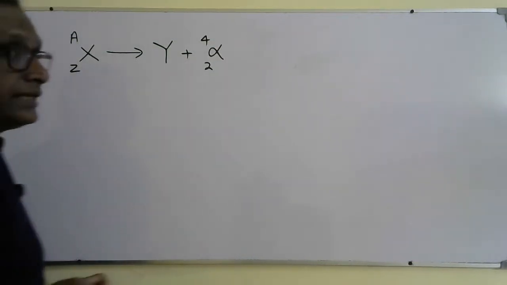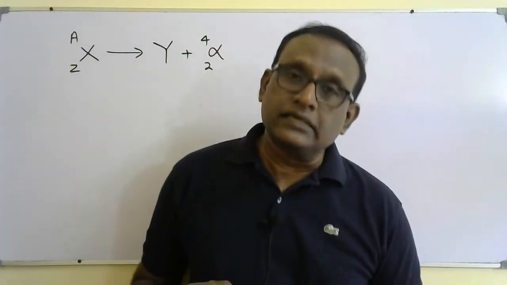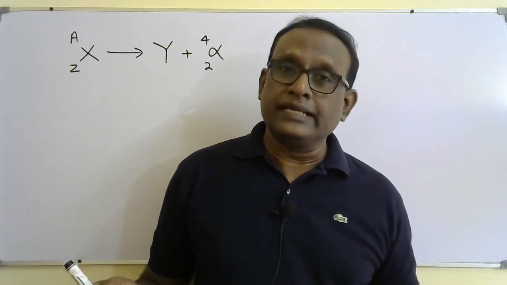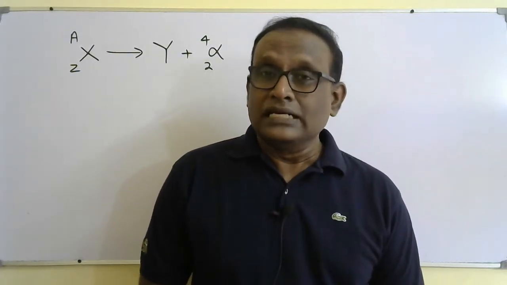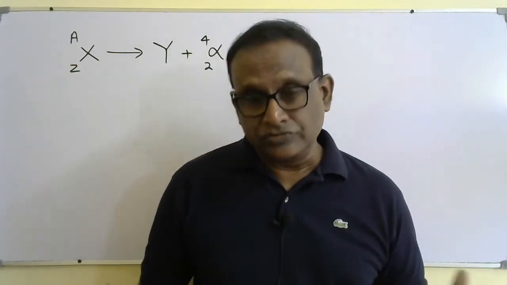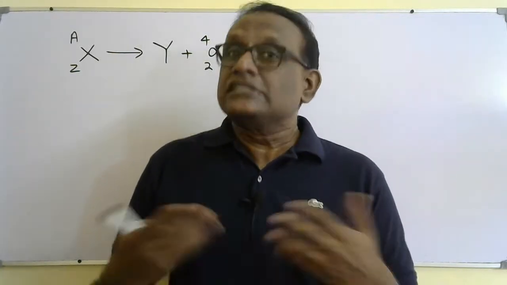I told you in the first lesson that during all types of nuclear decay, the factors we learned in unit 4, particle physics, must be conserved. One is that baryon number must be conserved, and charge must be conserved.